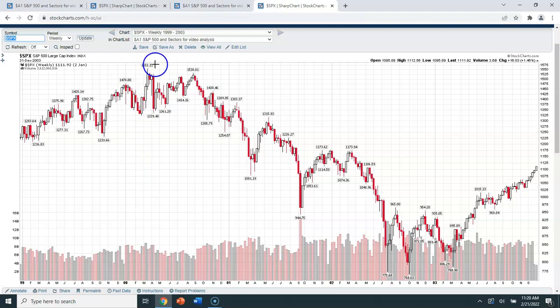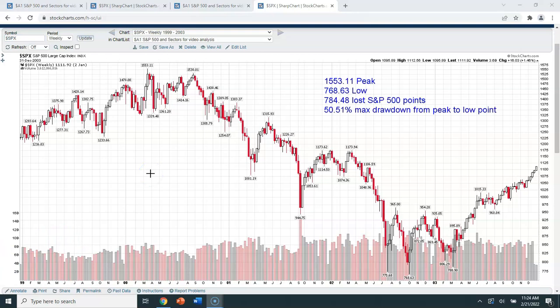All right, so 1553.11, and the ultimate low was 768.63 right here. All right, so I'm going to pause the video for just a second, and I'm going to write these things down. We're going to type those in, and then we will run some calculations and see what kind of a drawdown that was, right from peak to trough. So I will be right back.